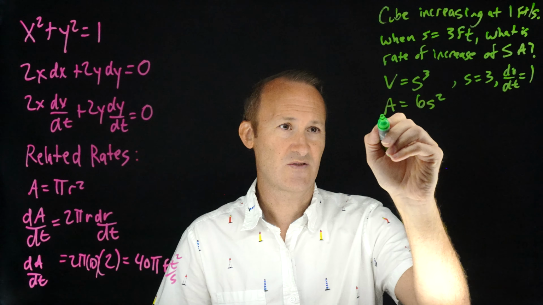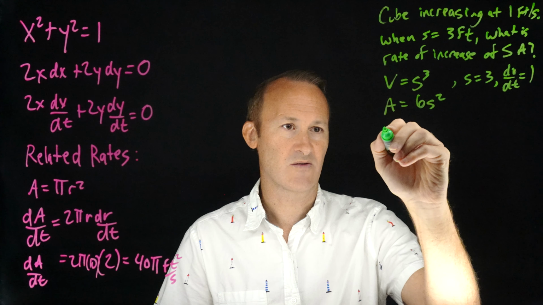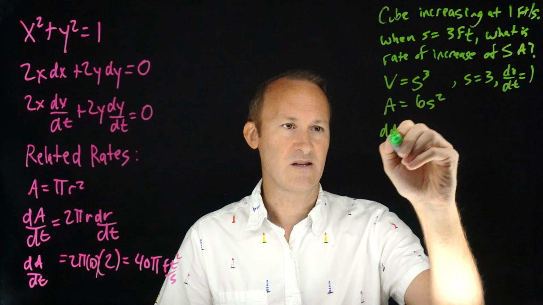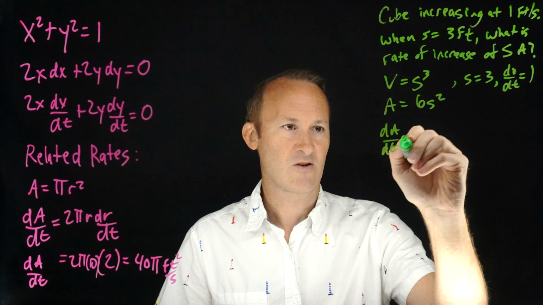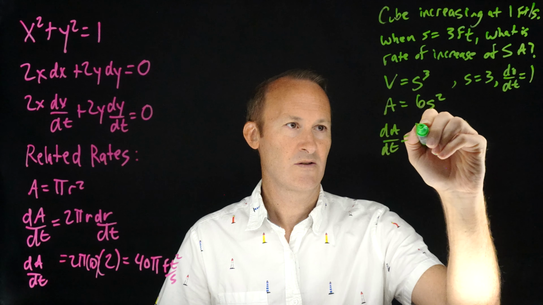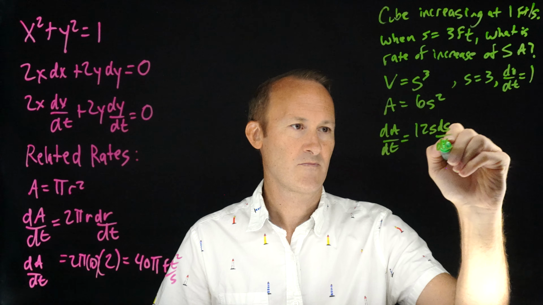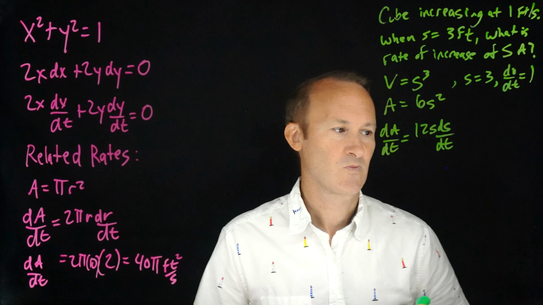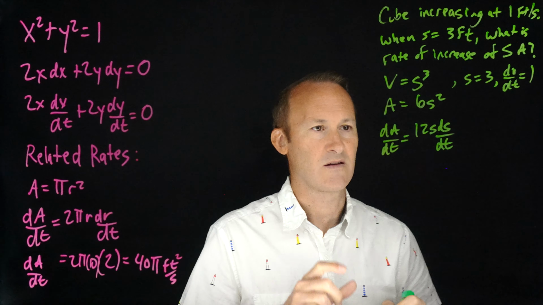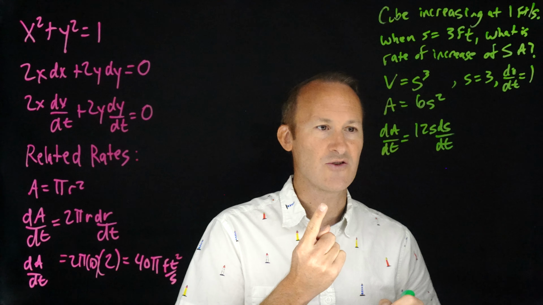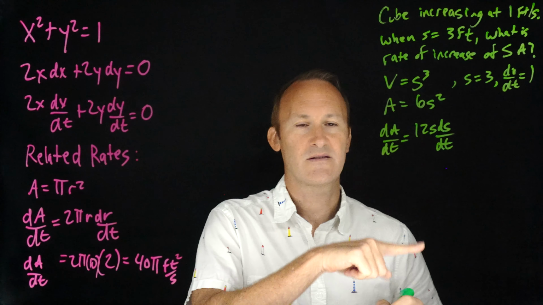So if we just look at the second equation and we take the derivative, dA/dt equals 12s ds/dt. Okay, that's great. And the issue is we don't have ds/dt.